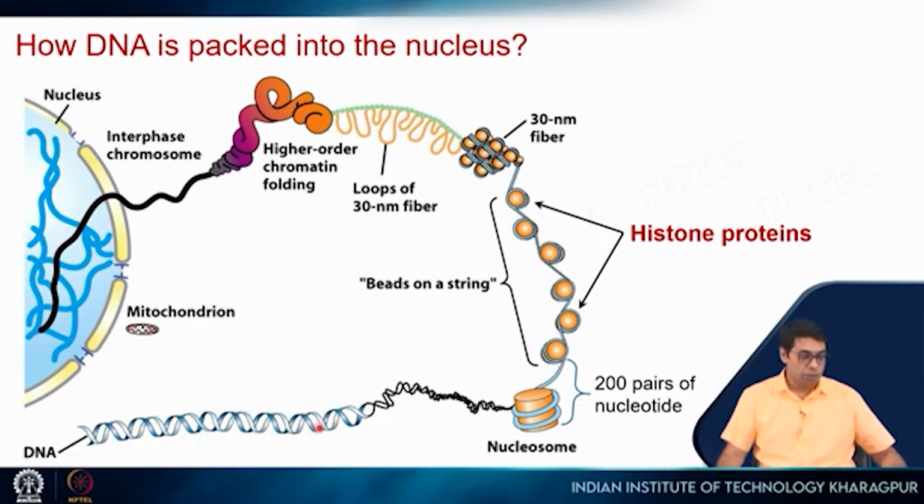So, the first thing that you have to do is neutralize the charge on the DNA, and that is done by a set of proteins called the histone proteins. The surface of these histone proteins will be highly positively charged, and you can imagine, based on what we have learned so far, what type of residues should be present to make it positively charged.